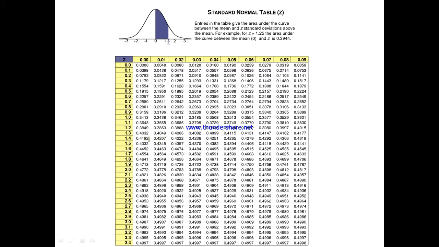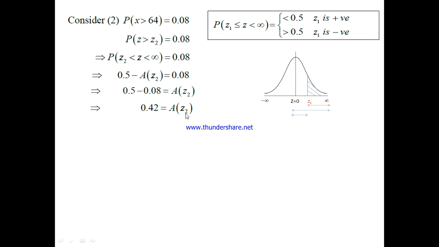Compared to this, 0.4207 is near to our value 0.42, and this value is for Z is equal to 1.4 and 0.01. So it is 1.4 plus 0.01, which is equal to 1.41. When Z value is 1.41, we are going to get the area value as 0.42.